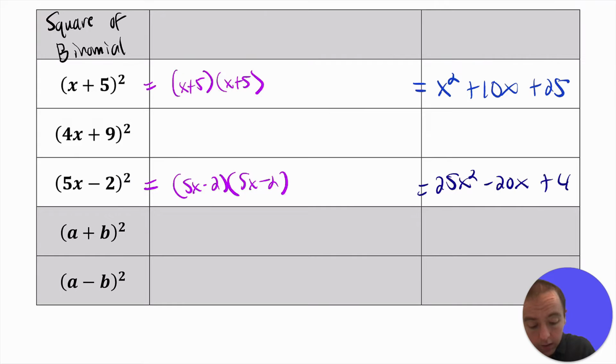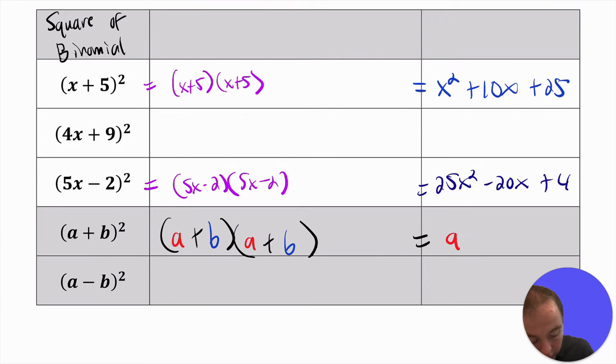So if we generalize exactly what we were seeing, if we ever have anything a plus another anything b, and then we multiply it with the same binomial, a plus b, then when we FOIL that we get a times a, so we get a squared, and then a times b, but then this is b times a, and b times a is the same thing as a times b by commutativity of multiplication.